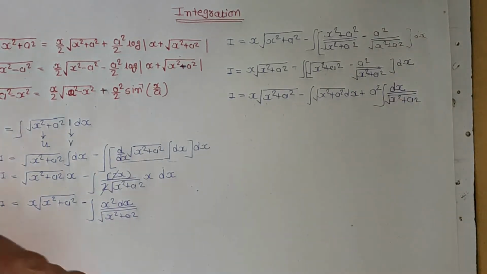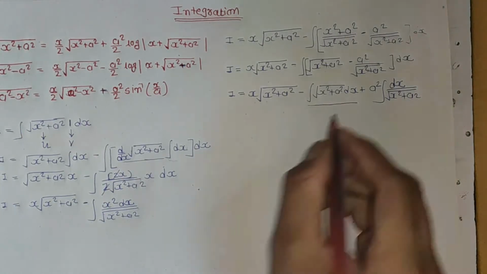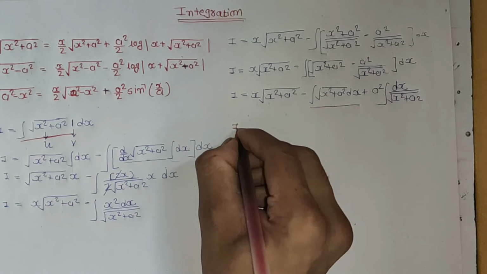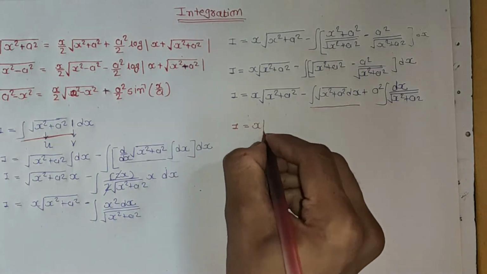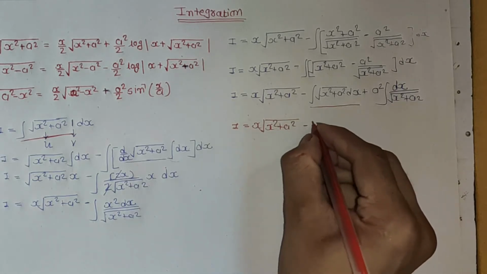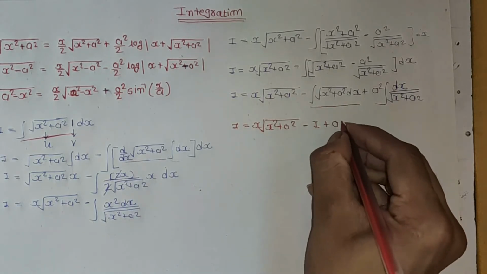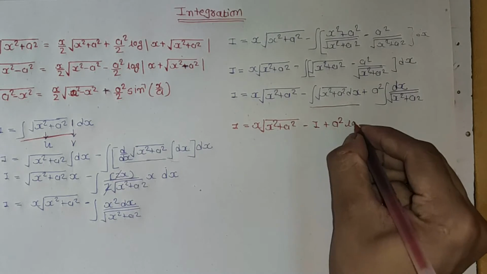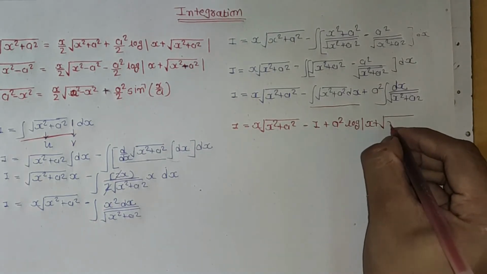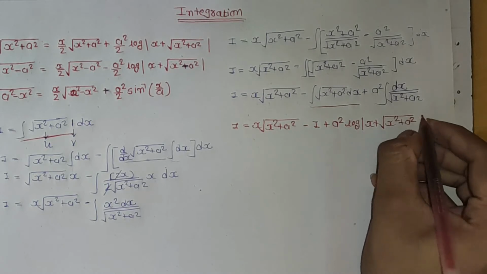Okay, look, this is exactly I. We have to find this one. Now I equals x square root x square plus a square minus I plus a square, this will be log mod x plus square root x square plus a square.